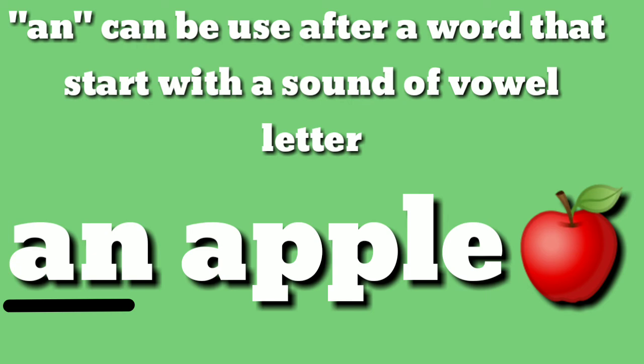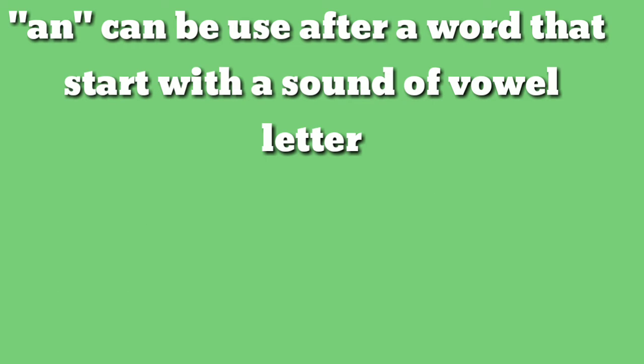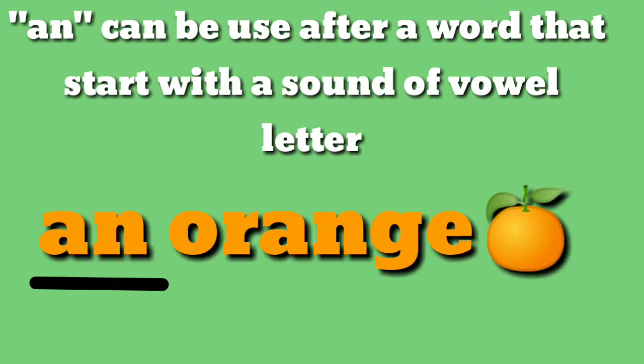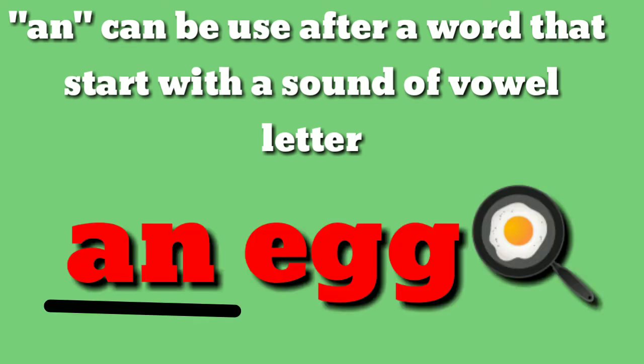An can be used before a word that starts with the sound of a vowel letter. Example, an orange. The next letter is O. So O is a vowel letter, so we use an. Next, an egg. E is a vowel letter.